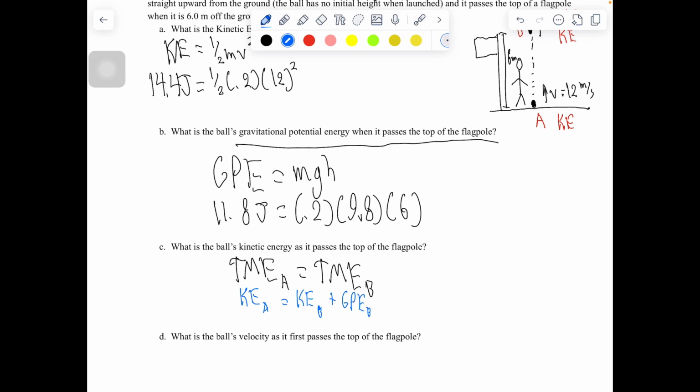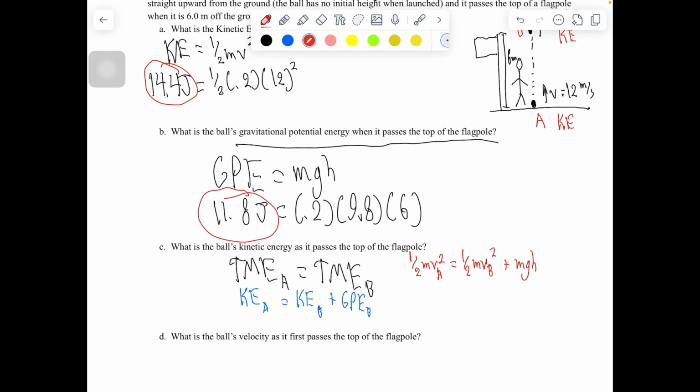If we take this, we write out our equation, we know the kinetic energy is 1/2 mv squared. And our gravitational potential energy is mgh. Go ahead, plug in all your information. We actually already calculated a lot of these. The kinetic energy at point A is right here. The gravitational potential energy at point B is right here.